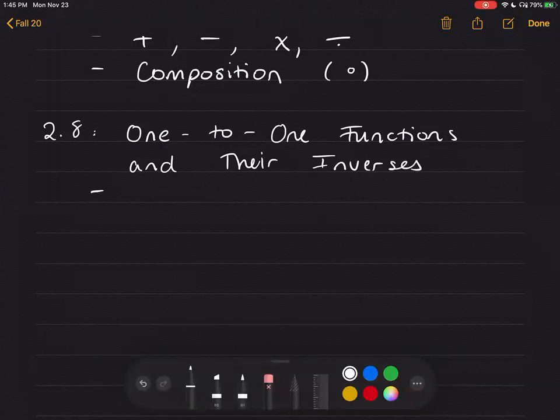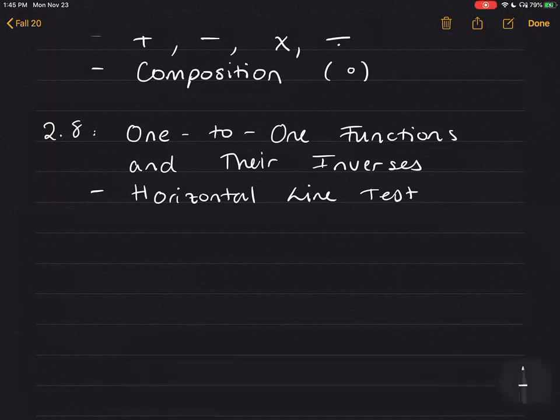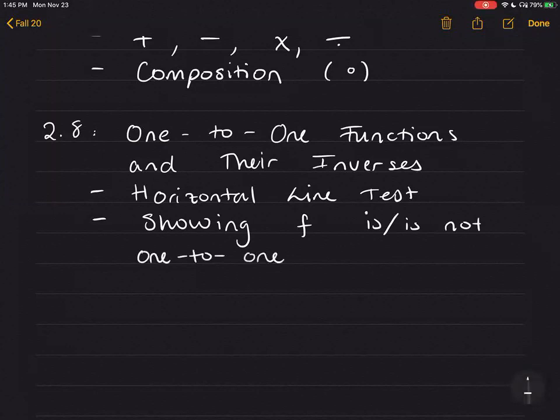And that mainly started off with the horizontal line test, which is kind of like the vertical line test, except the line's horizontal now, and it checks to see if the graph of a function is of a function that is one-to-one. And we also talked about showing f is or is not one-to-one. And we did that mostly algebraically.